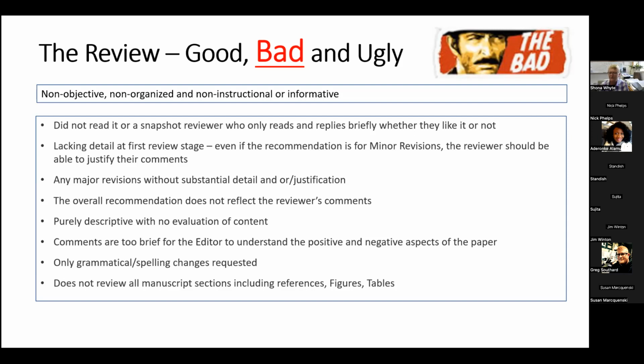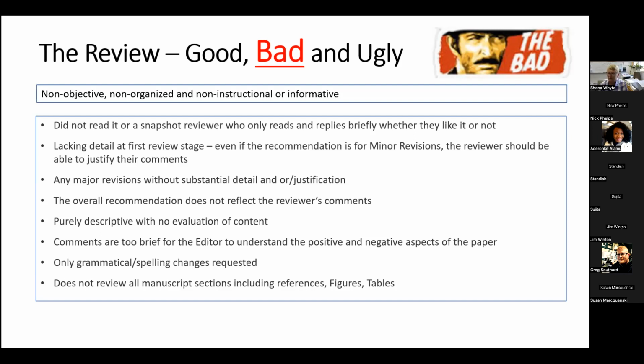So let's say the reviewer says, this is a wonderful paper and it advances the science, I think it's just fabulous, and then they give a minor revision or a major revision. It could be purely descriptive with no evaluation of content. The comments are too brief for the editor to understand the positive or negative aspects of the paper. They only talk about spelling changes or grammar, and they don't review all the sections.